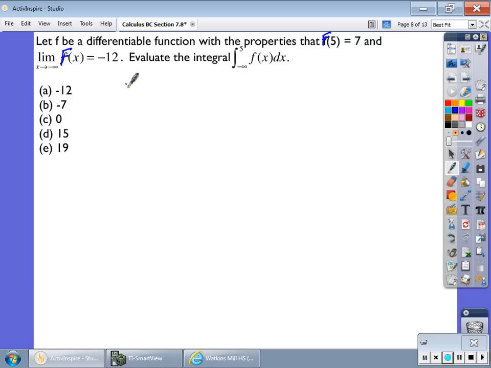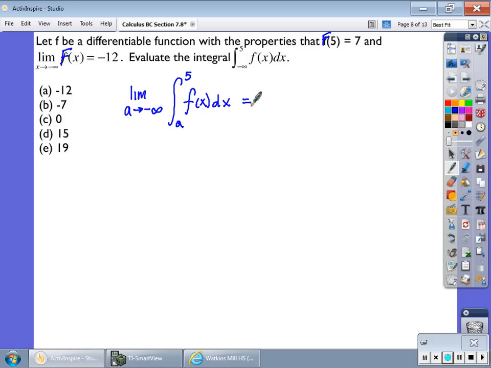And so basically what we're going to do is, I see we have the negative infinity in the lower limit of integration. So we have the limit as a approaches negative infinity of the integral from a to 5 of little f of x dx.